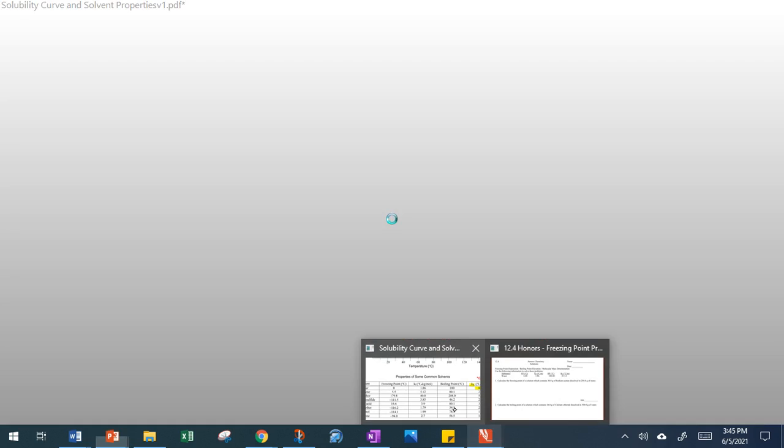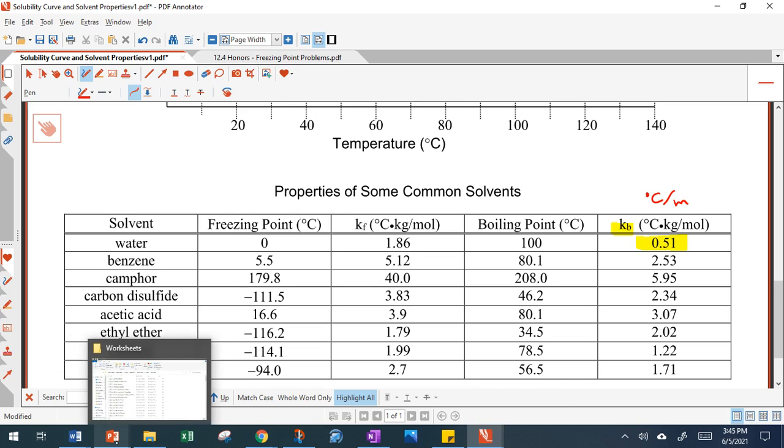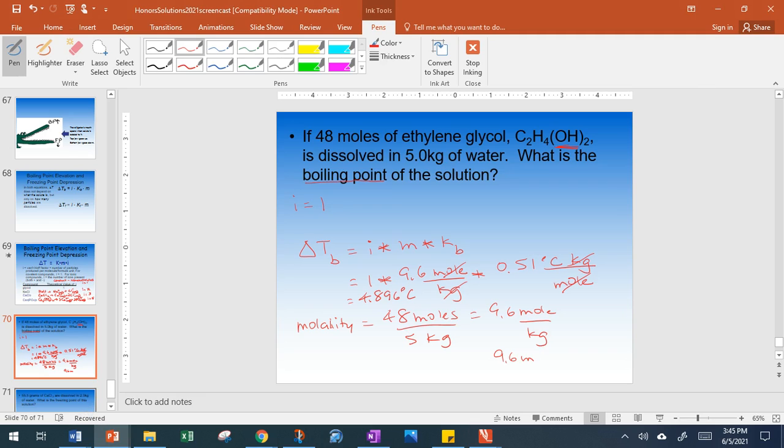So again, let's look at the sheet, and we see that the boiling point of water is 100 degrees Celsius. So the boiling point of the solution, T_B, is equal to 100. Remember, it's boiling point elevation plus 4.896.